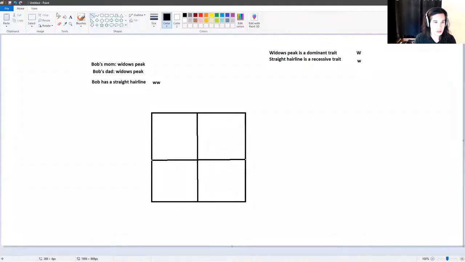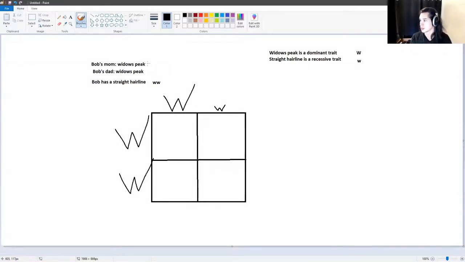So let's just say one parent looks like that, and the other parent, what else does it mean to have a widow's peak? In order to have a widow's peak, there's only two potentials. You could be homozygous dominant, or you could be heterozygous.